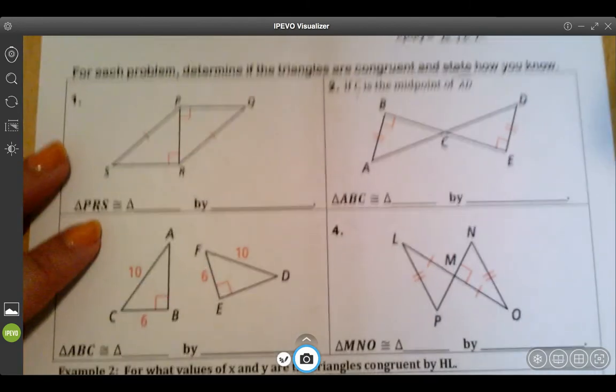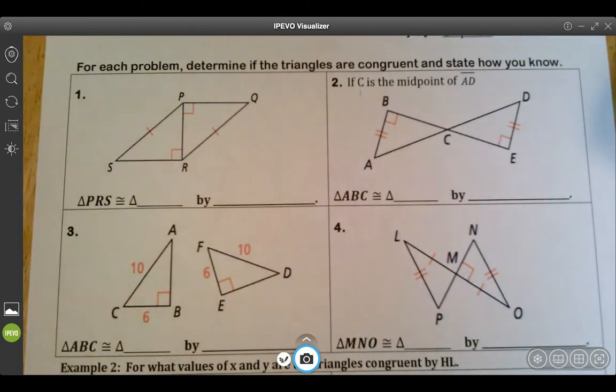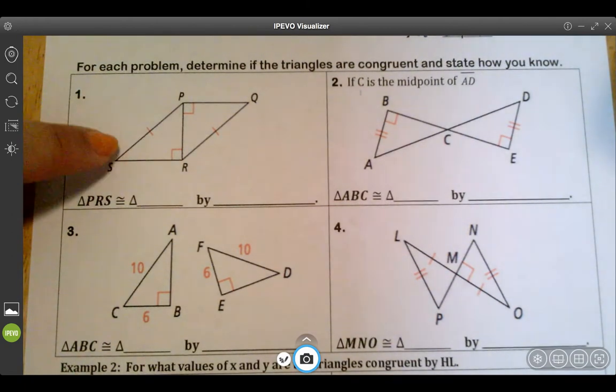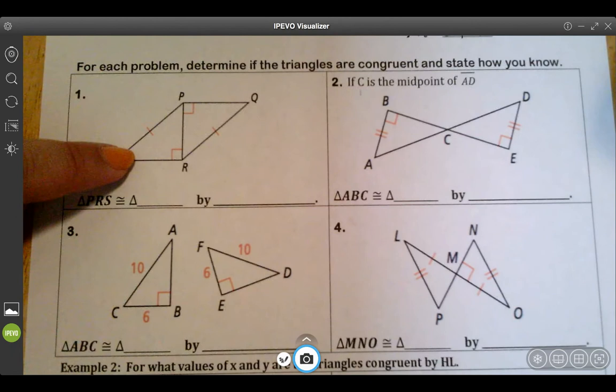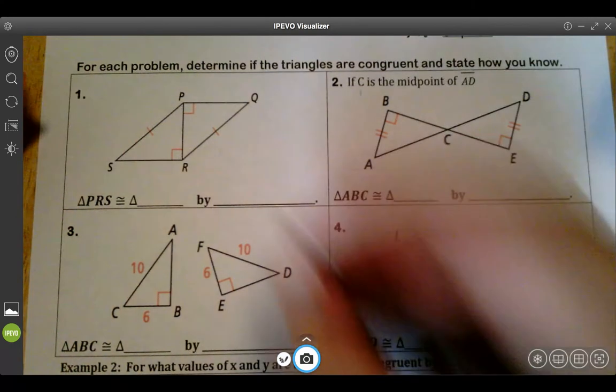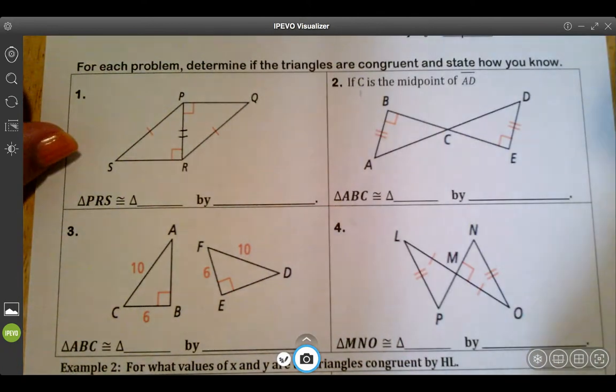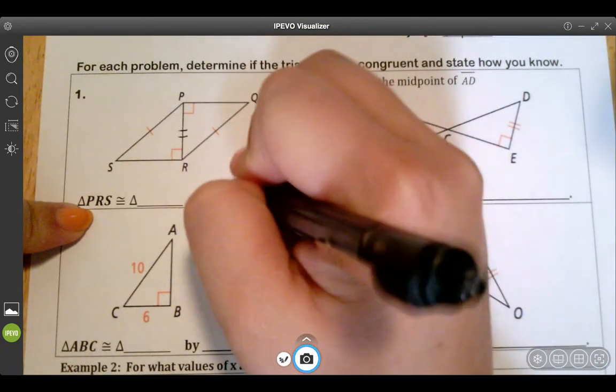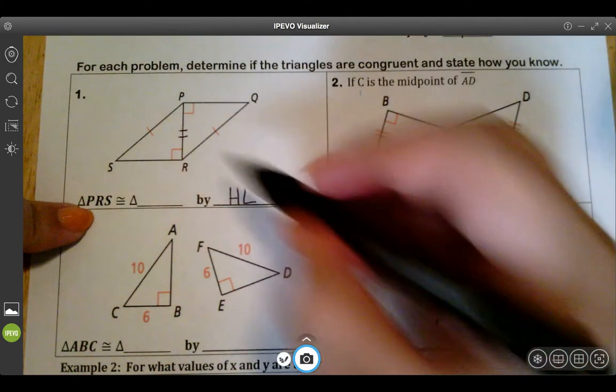So let's determine if these triangles are congruent, how we know, and see if we can write our congruent statement. So here we have right triangles. We have a congruent hypotenuse. We need a congruent leg. Reflexive property says that the legs are congruent. And so to name this by hypotenuse leg, we can say angle PRS.